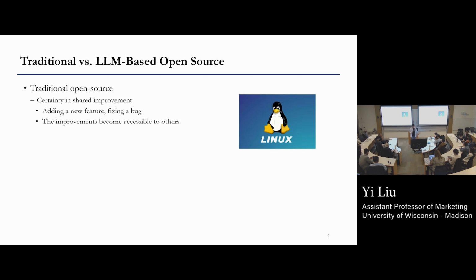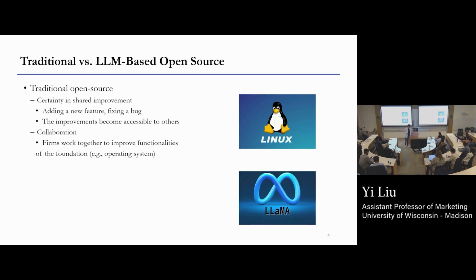So if you want to add a new feature or fix a bug, all these things are module-based, and the improvements become accessible to all other developers. So the collaboration is easier because firms can work together with these modules, improve the foundation model, and also use them for their own job. Firms work together to improve the functionalities, just like an operating system, like Linux.